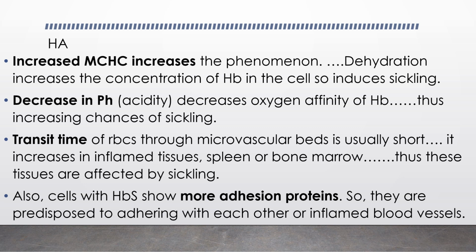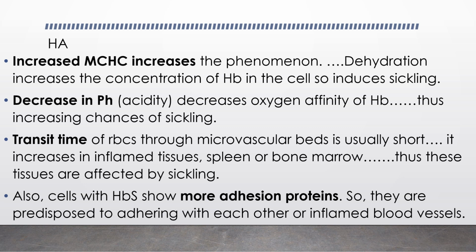Transit time of the RBCs through microvasculature beds is important. It is usually very short because the flow is fluent. Quickly, they just pass through. But as we already mentioned, in sickling they can get stuck. They decrease the blood flow.